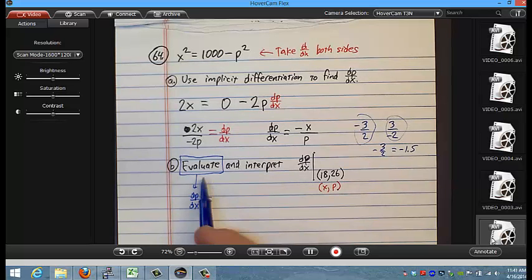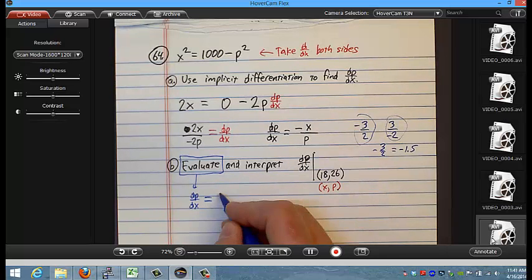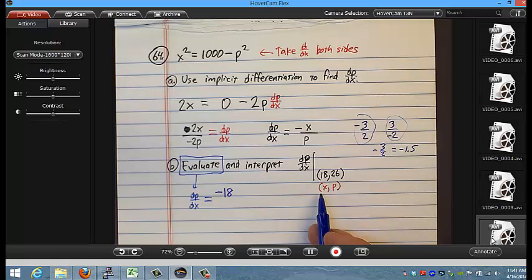So I need to do negative x, so that means negative 18 over p, over 26. And so that's a fraction. I'll just use a calculator real quick.